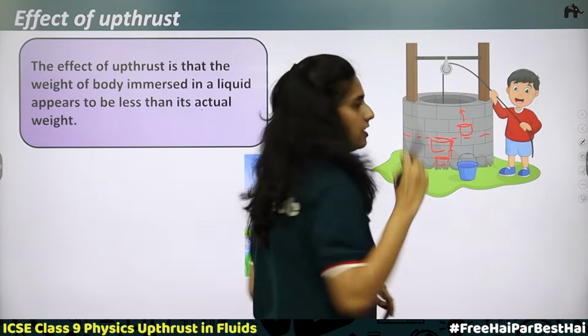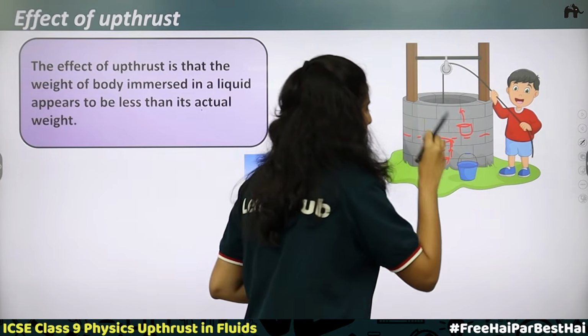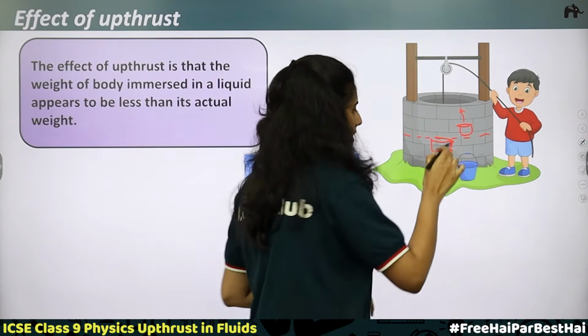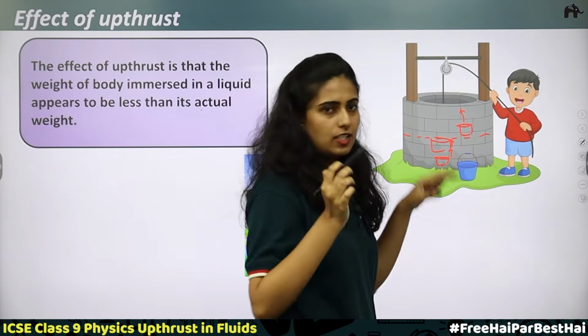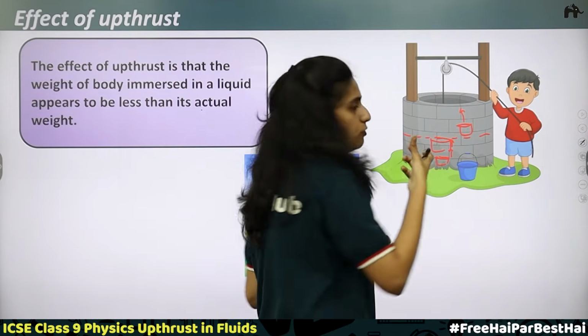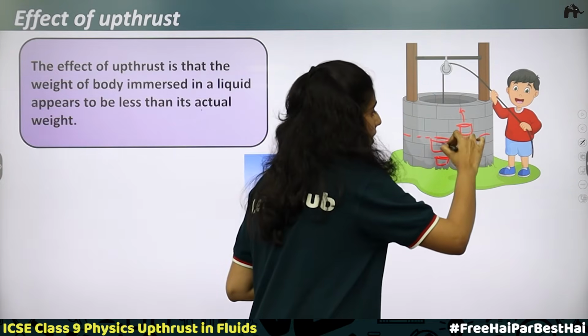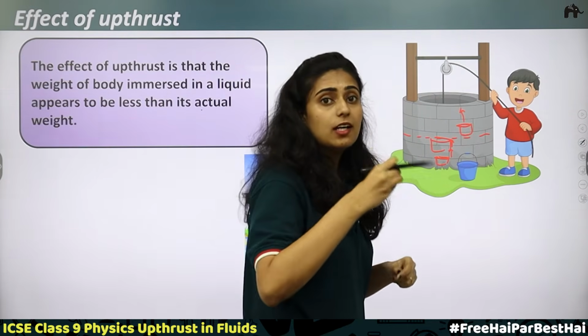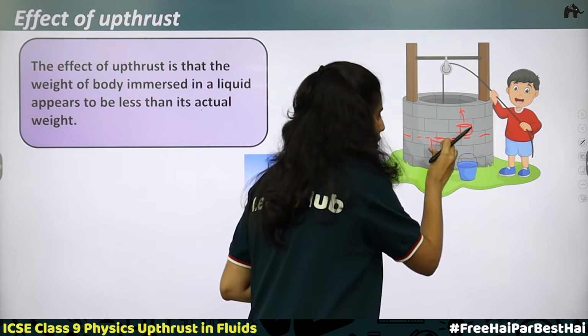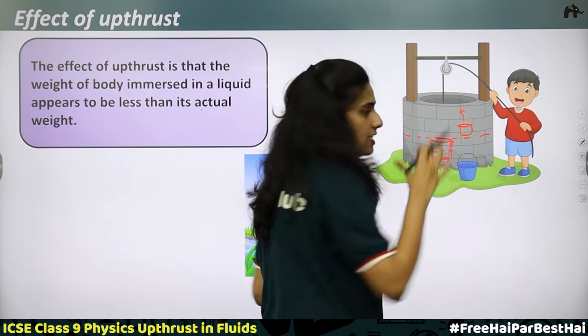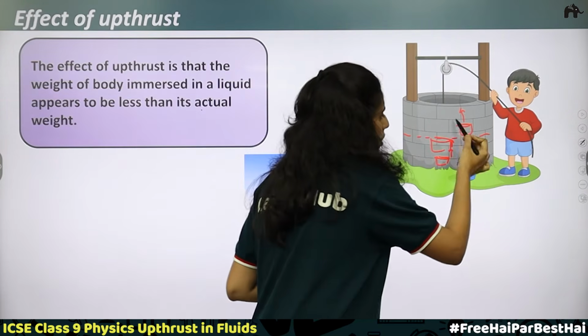be rising. Here you will be able to experience one thing: inside the water, the force that you need to exert will be less. But when the bucket comes outside the water, you will have to exert more force, which means the weight of the object is increasing when it comes out of the water.